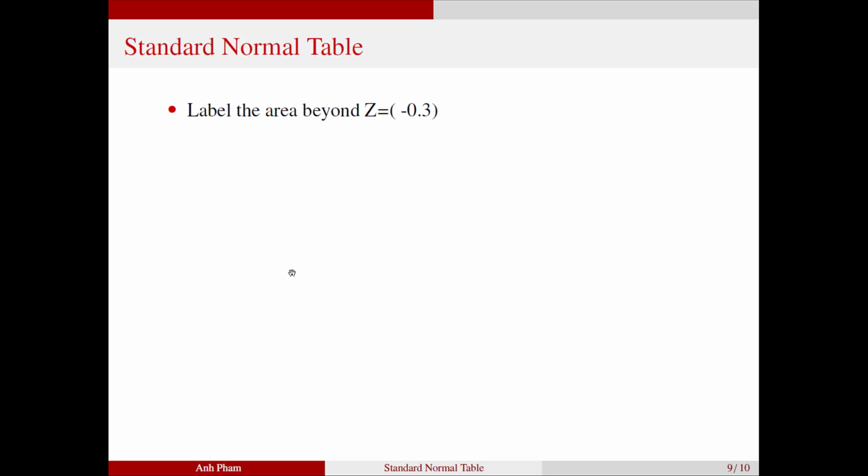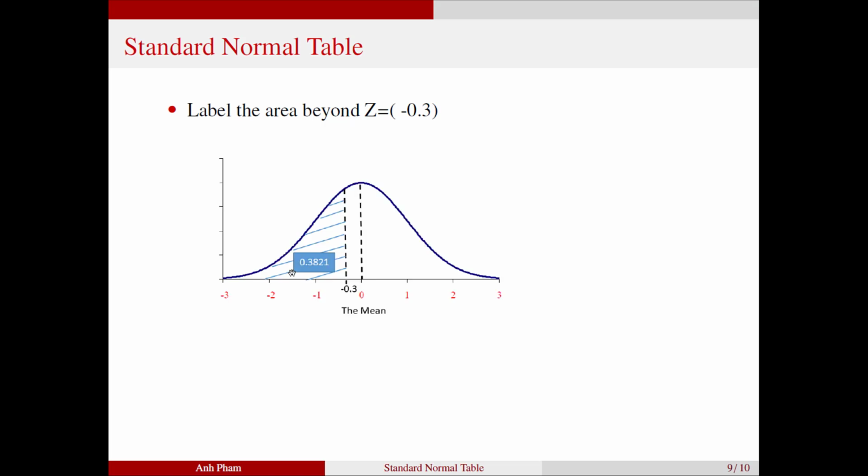Label the area beyond z when the z-score is equal to minus 0.3. The area beyond z when z is equal to minus 0.3 is everything to the left of minus 0.3.